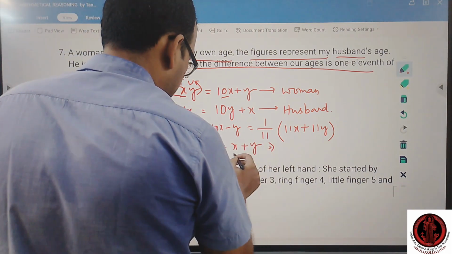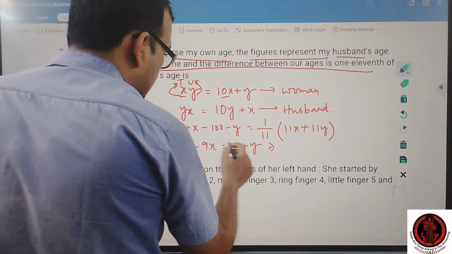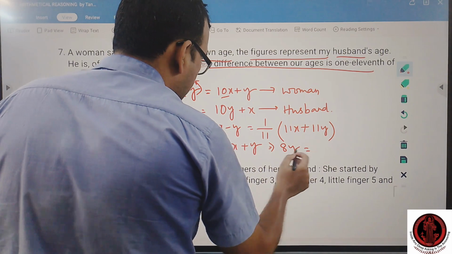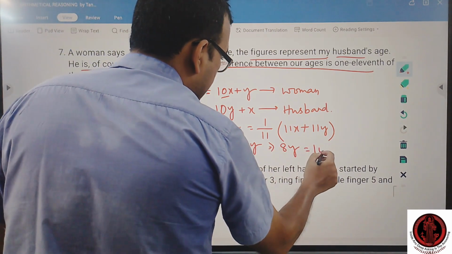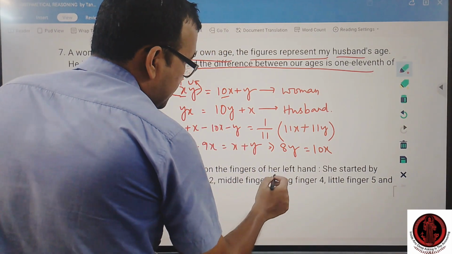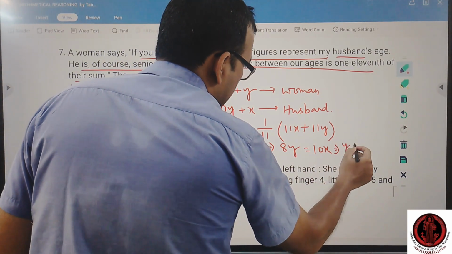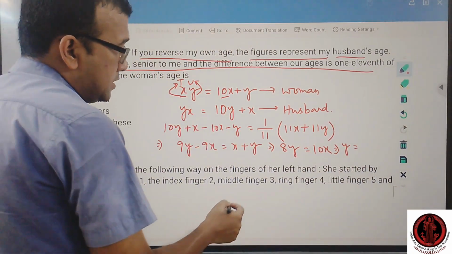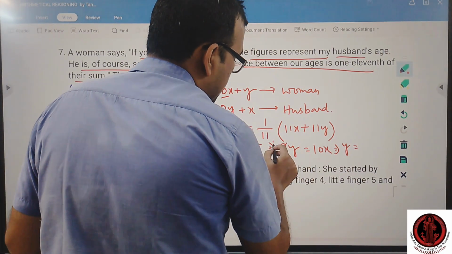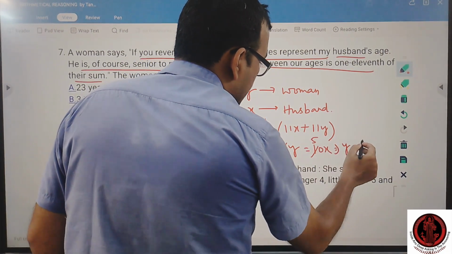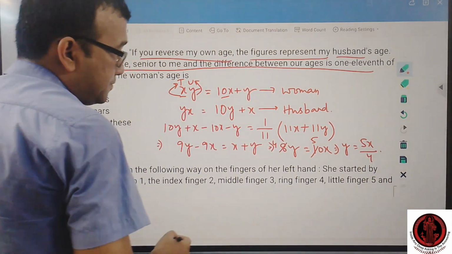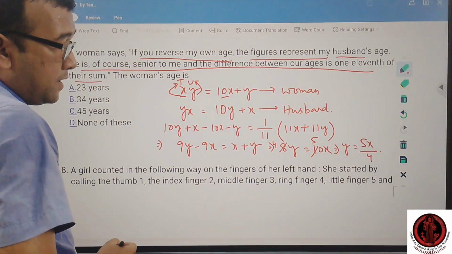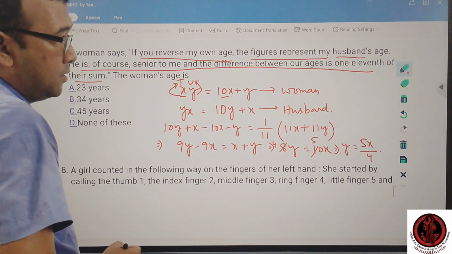So this is 9y minus y, that is 8y, and 9x plus x, that is 10x. Now y equals how much? This is 4, 5. So 5x by 4. So y equals 5x by 4.